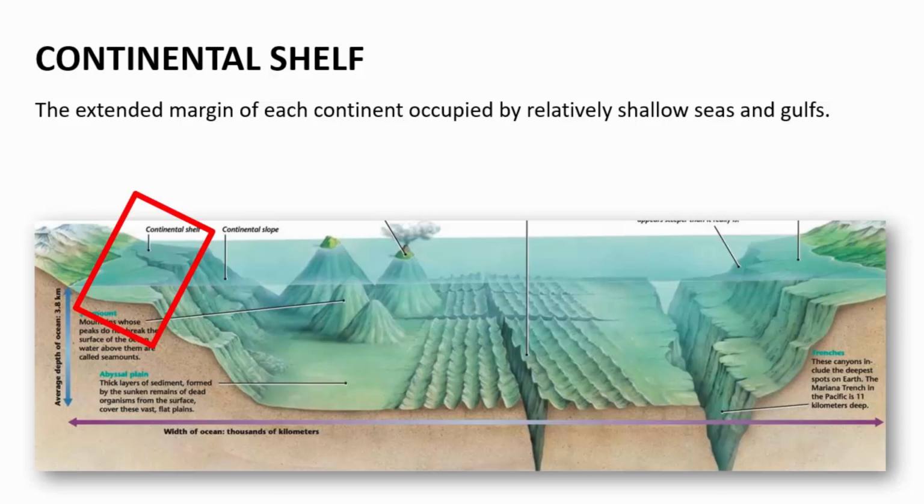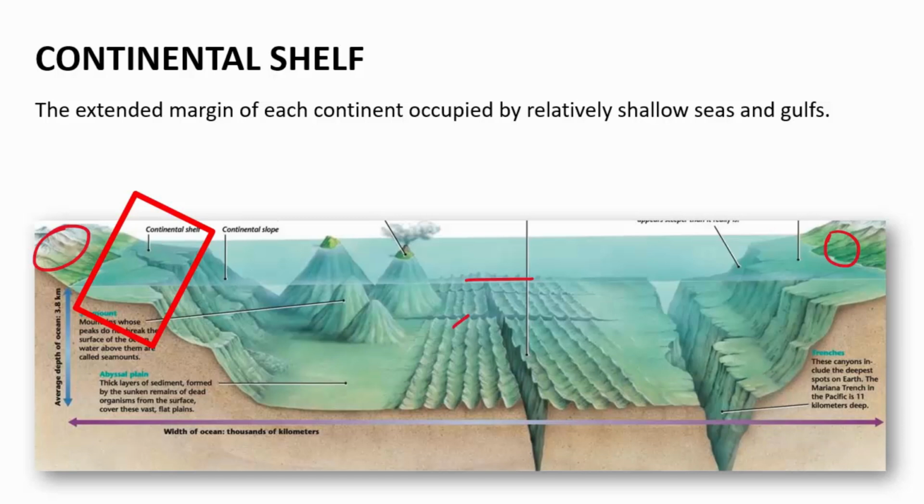In this single picture only, I have mentioned all the important relief features so that it becomes easier for you guys to understand. And this is just an imaginary figure between two imaginary continents. There is an ocean. This is a cross-sectional view, and below this ocean and the water level of this ocean or the sea water level, you can see all the geographical features, and we'll know about all these features in detail.